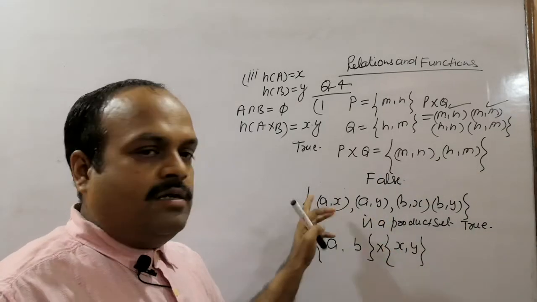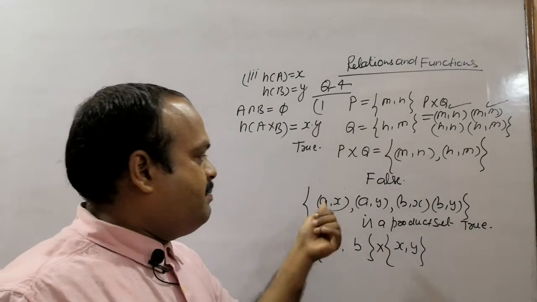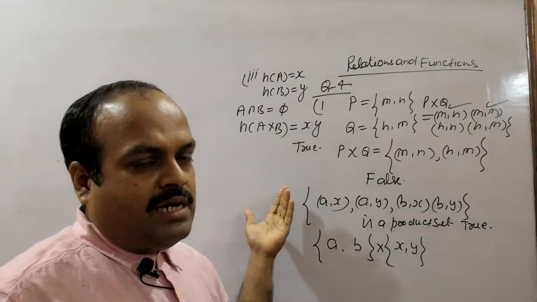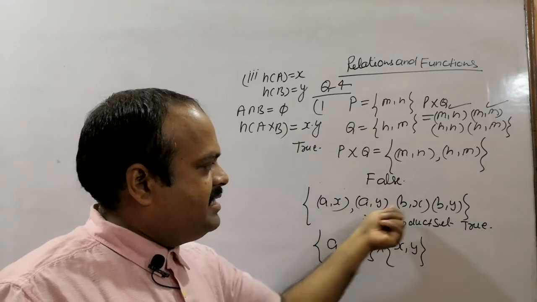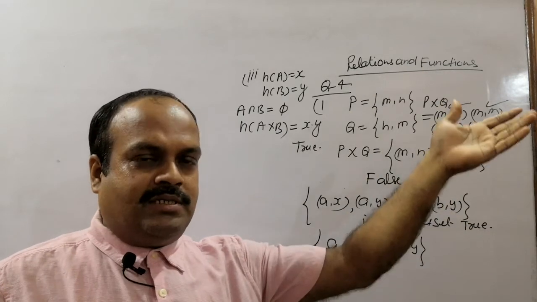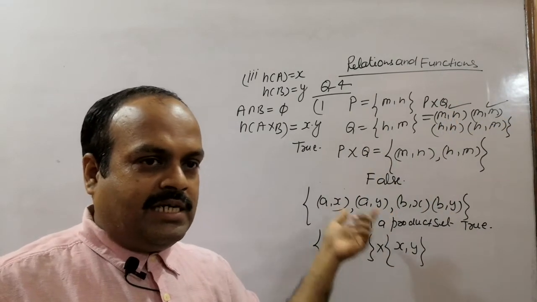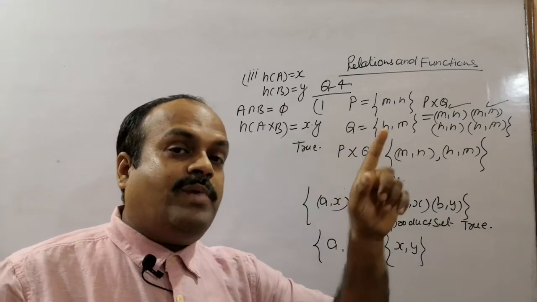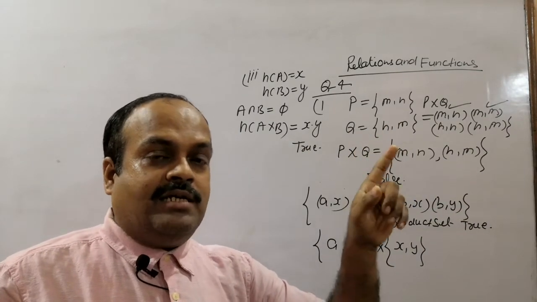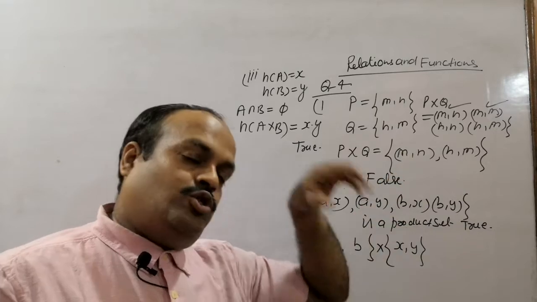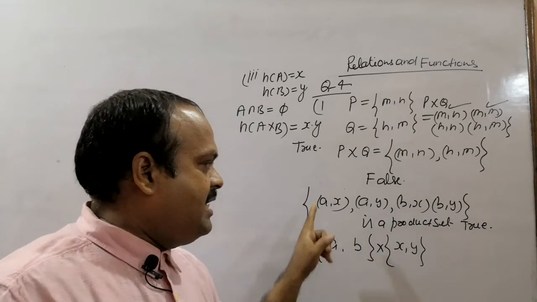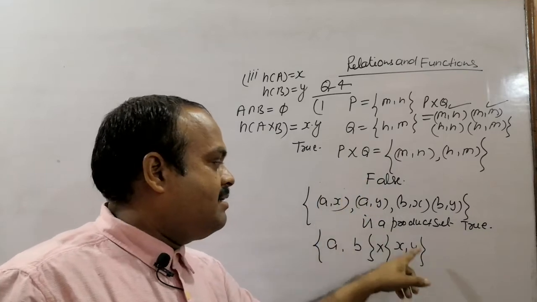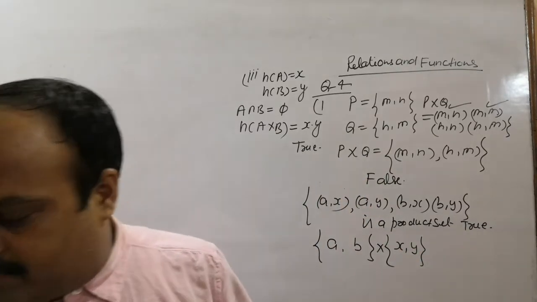Here it is correct because the first entry of every ordered pair is an element of one set, and the second entries are the elements of the second set. So we can say that these ordered pairs are actually obtained when we get the Cartesian product of 2 sets with their elements as A, B and X, Y. I have shown here.